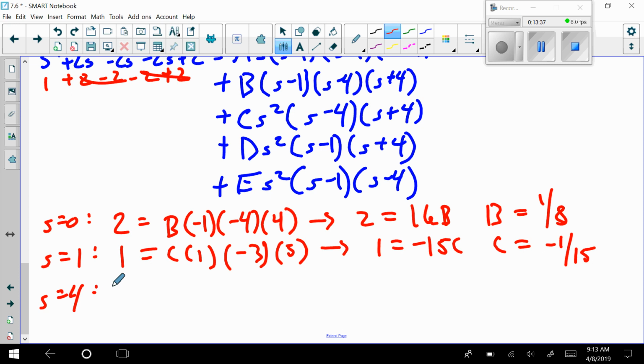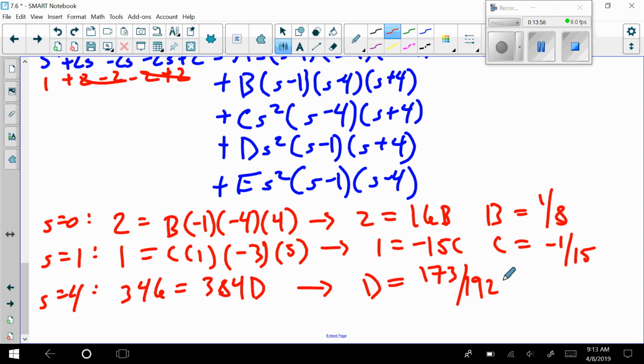And if I put s equals 4, I think I'll let you do this math on your own here, but this does end up being 346 is equal to 384D, which then I get to be D equal to 173/192 after I do a little bit of simplifying.